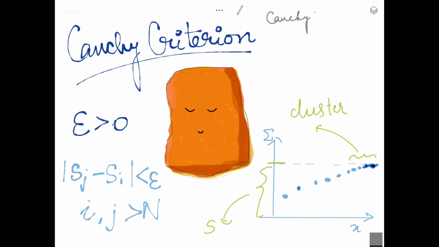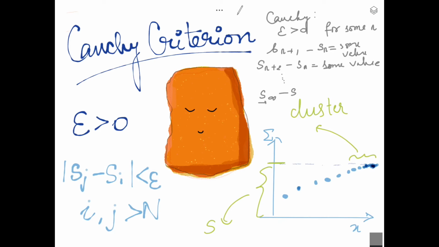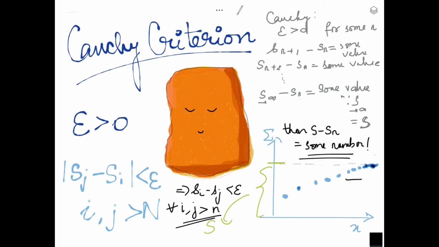So then, consider some value epsilon greater than 0 and some n. Now, Sn plus 1 minus Sn should be some value, right? And then Sn plus 2 minus Sn should again be some value. Note that all of these, Sn plus 1, etc., are just partial sums. If I keep doing this till my infiniteth term, i.e. n tends to infinity, then S infinity minus Sn should again be some value.